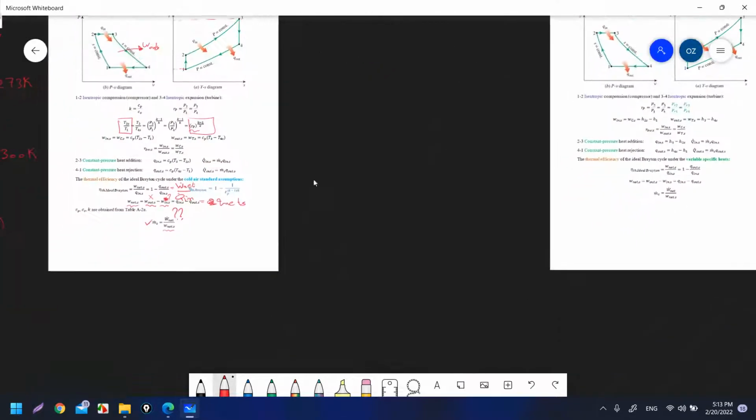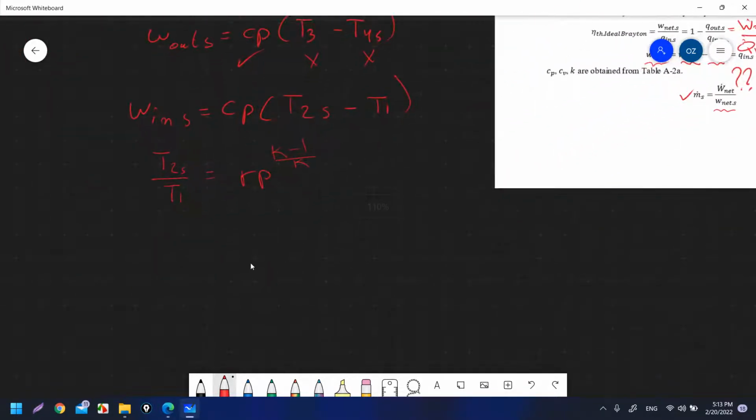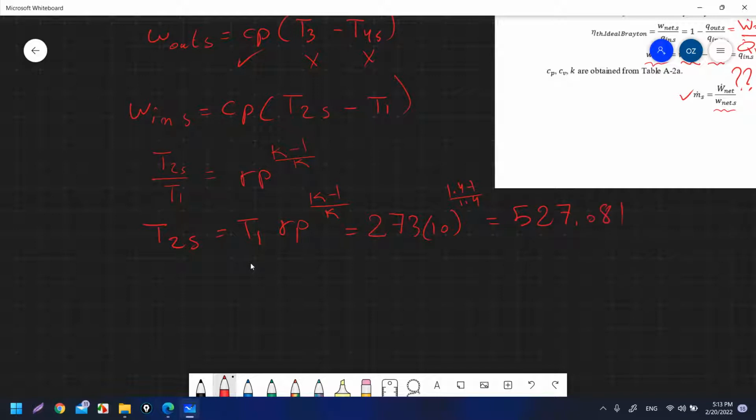Okay, so for this one, T2S is equal to T1 RB power K minus 1 over K. T1 is 273, RB is 10, power 1.4 minus 1 over 1.4, so T2S is equal to 527.08 Kelvin.